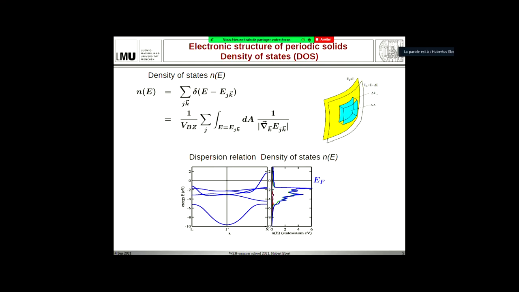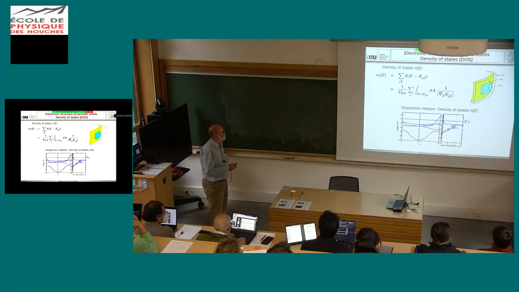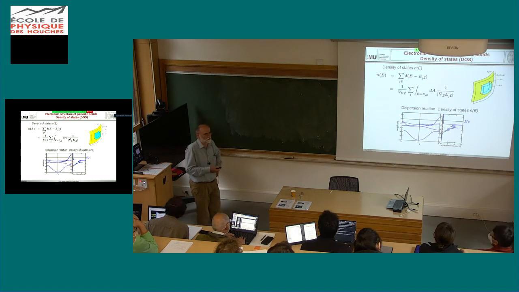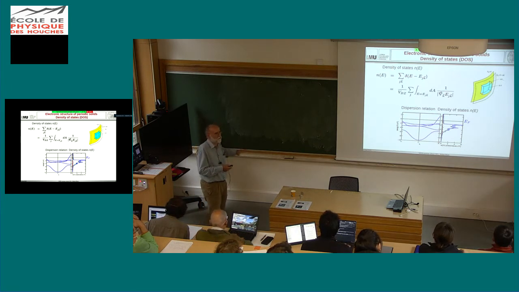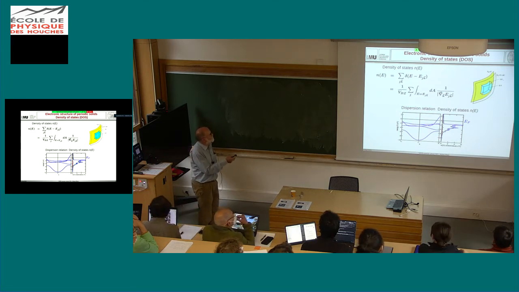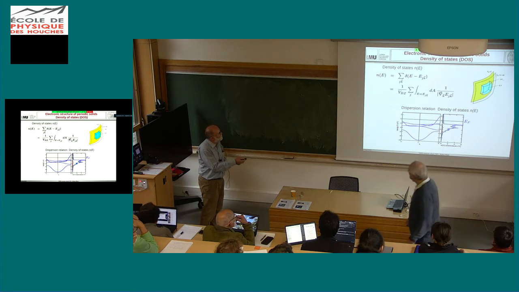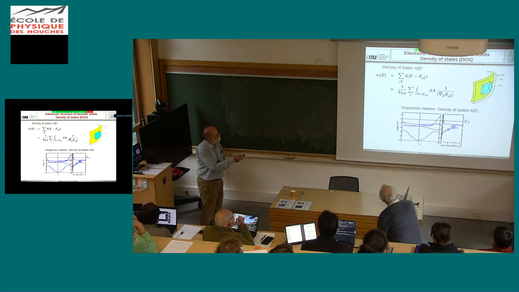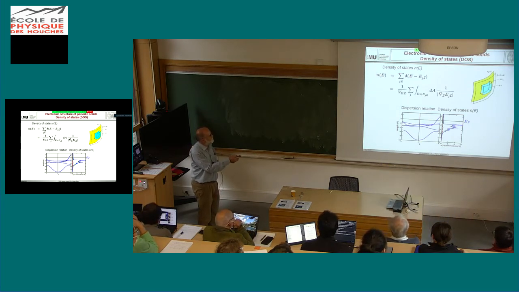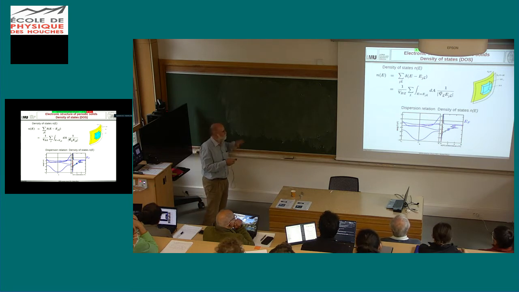Now, this is definitely the most detailed information we can have for a solid. For many applications or questions, it's sufficient to have a measure for the number of states in a certain energy window. And this leads, of course, to the density of states with a corresponding expression. I give the expression for the density of states here at the moment in a very general way in terms of the delta function.